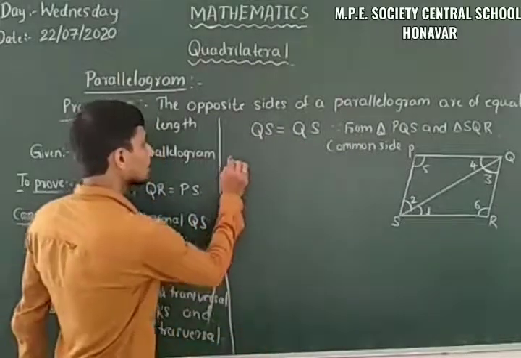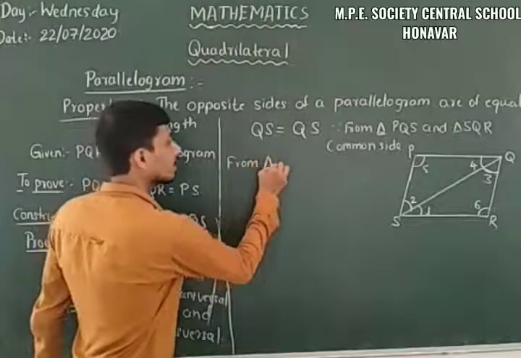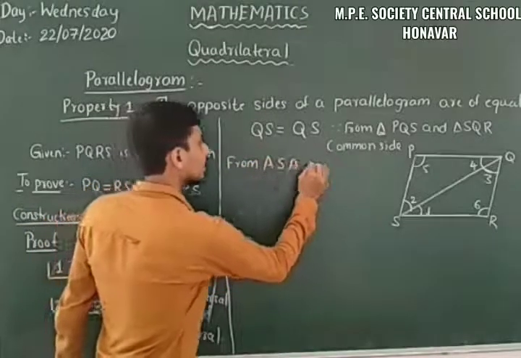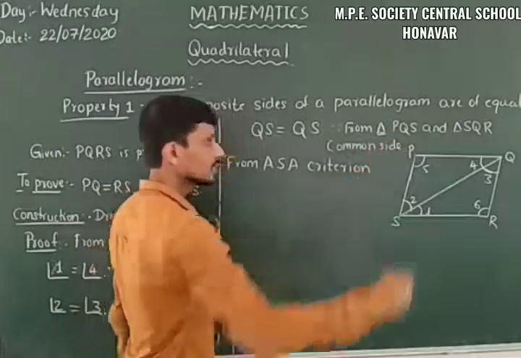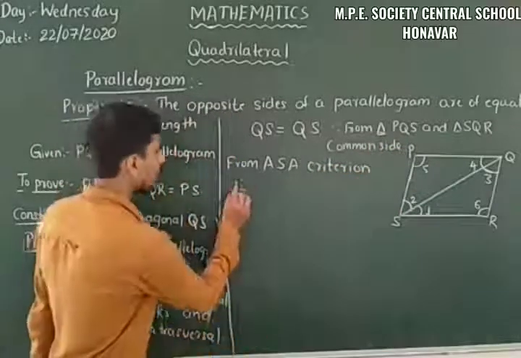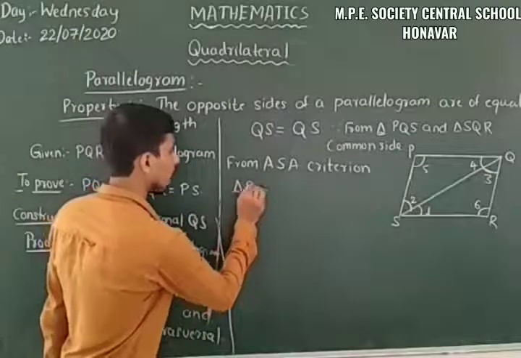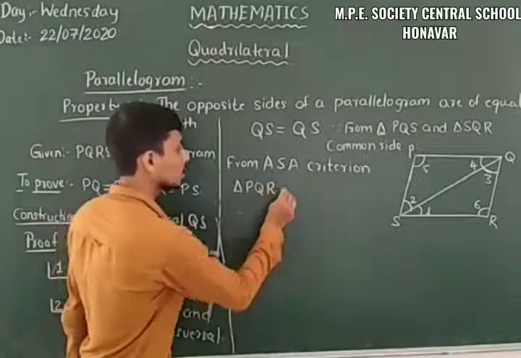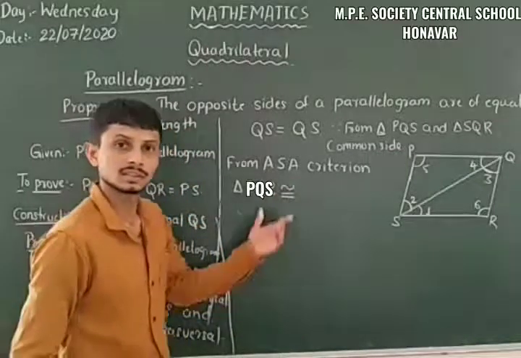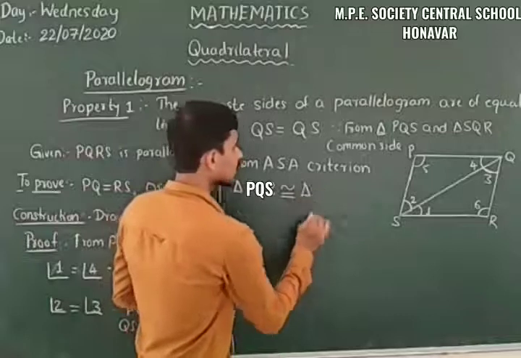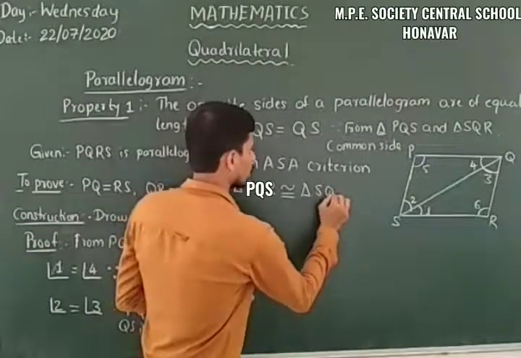That means from the angle side angle criterion, we have to say that triangle PQS is congruent to the triangle SQR.